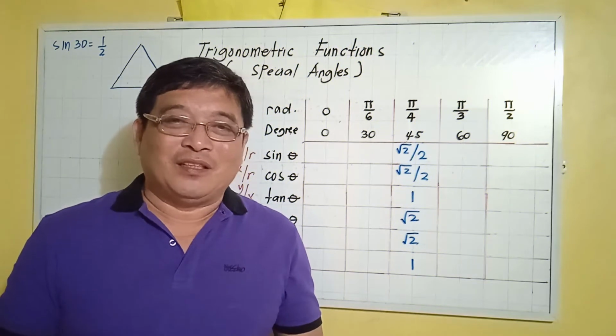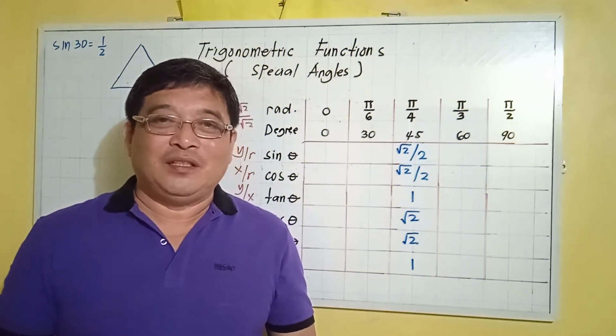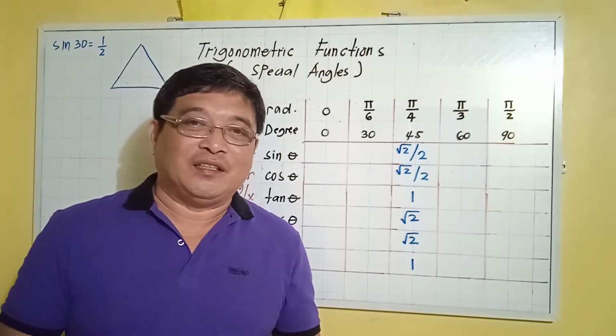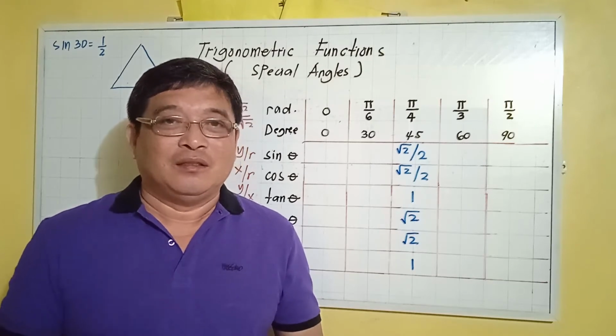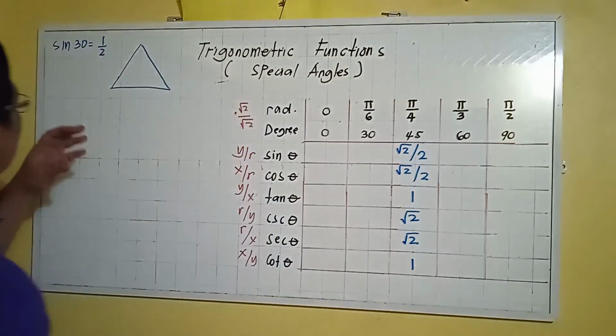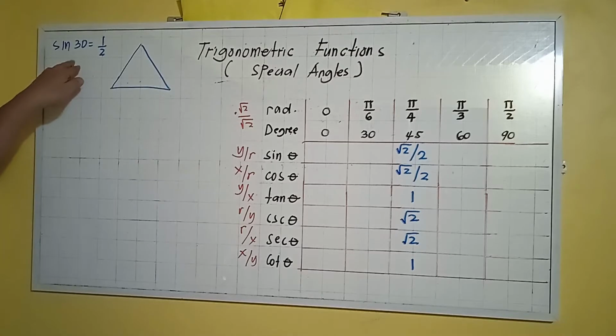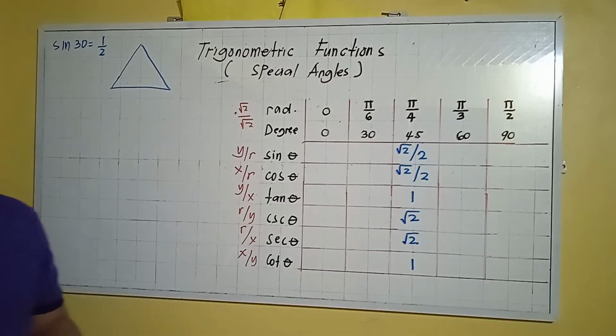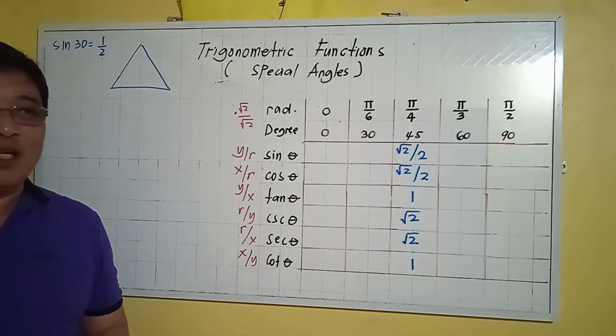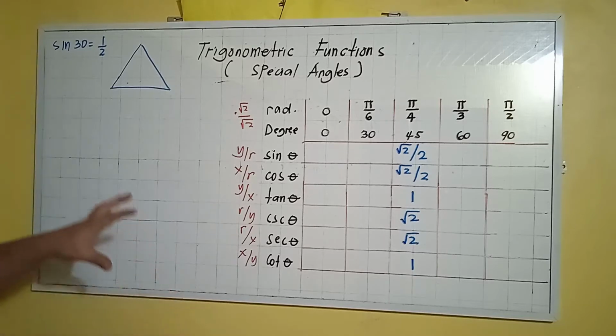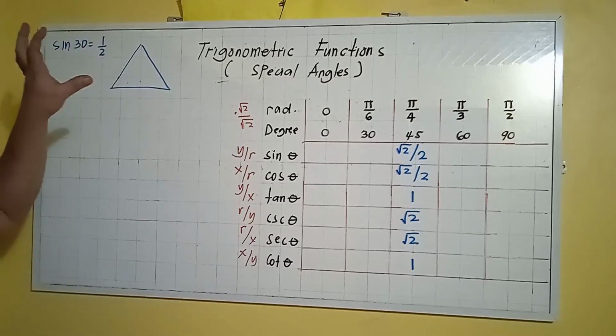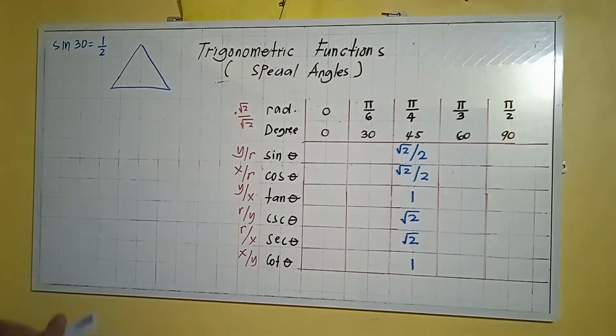Paano ba na-derive ang dimensions ng 30, 60, 90 degrees triangle? Ang dati kong tinatandaan is that sine 30 degrees is equals to 1 half. Pero, if I'm going to use this triangle, measure 60 degrees yung lahat ng angle niya.